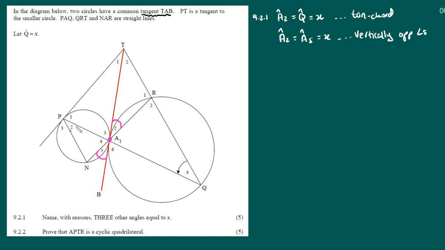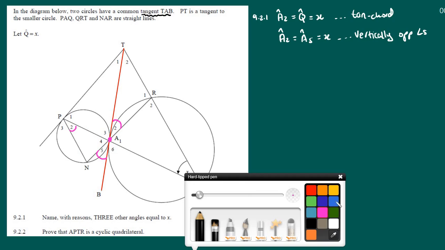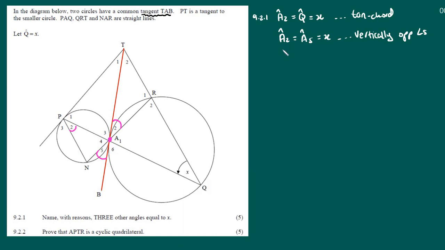Great stuff. So we can therefore say angle A5 is going to be equal to angle P2, and both will be x. Tan chord theorem. By the way, you must write theorem, eh? Great stuff. Then we got our 5 marks.